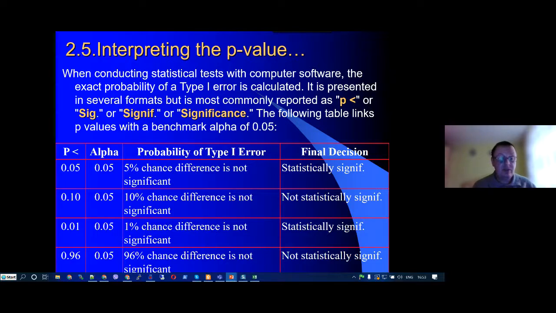And here, if we have significance less than alpha, as in the first and third rows, we can conclude that our difference is statistically significant. That's our result is statistically significant, no matter whether the difference is valuable or not. In case the p-value is greater than alpha, like the second and fourth rows in this table, we must conclude that our result is not statistically significant.